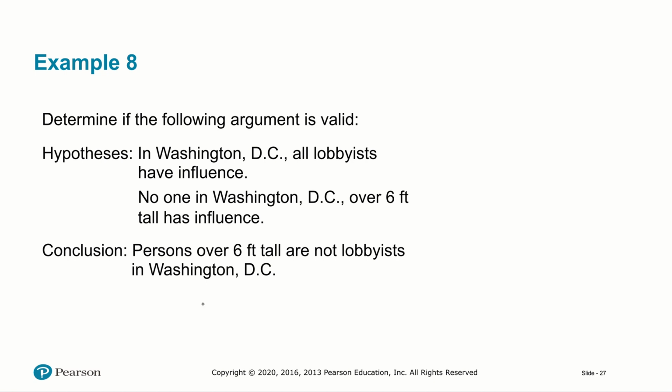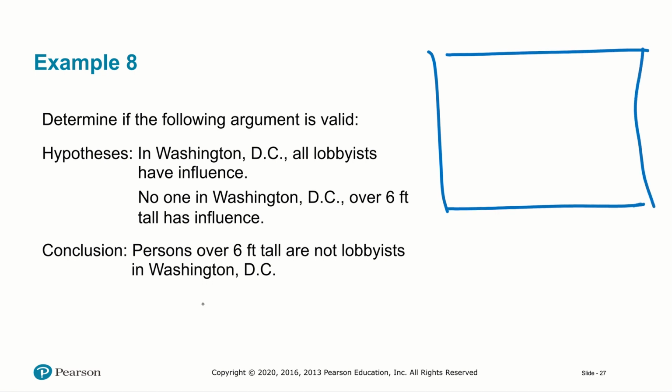We can start by basically using a rectangle like this to show all of Washington, D.C. Now, within Washington, D.C., we know we have this group of influential people.